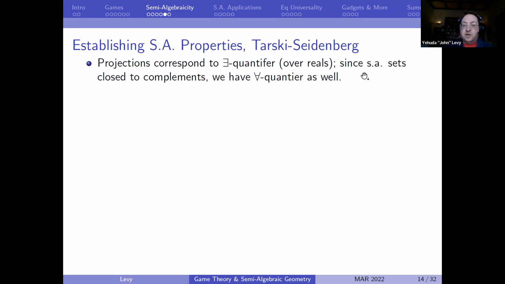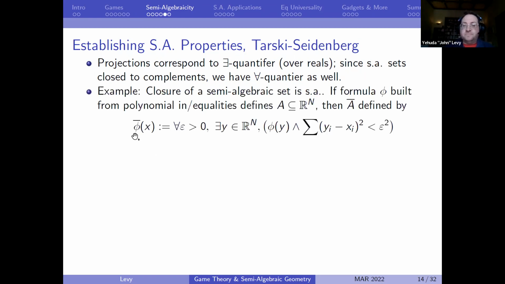This allows us to show, for instance, that the closure of a semi-algebraic set is semi-algebraic. If you have a formula defining a set A, then the set which defines its closure can be built from it using some quantifiers. So how do you say closure?